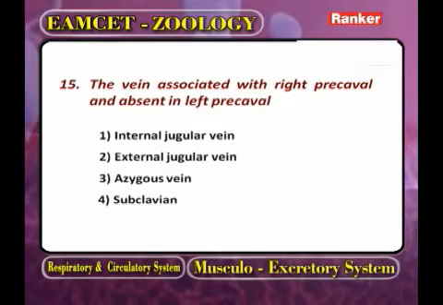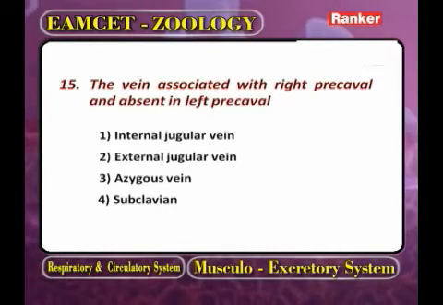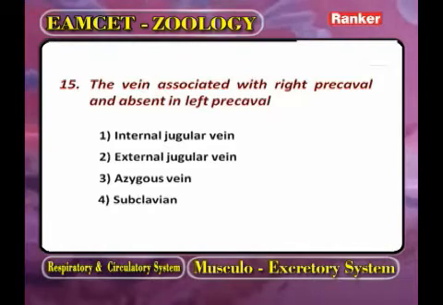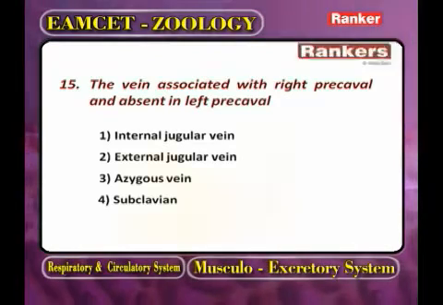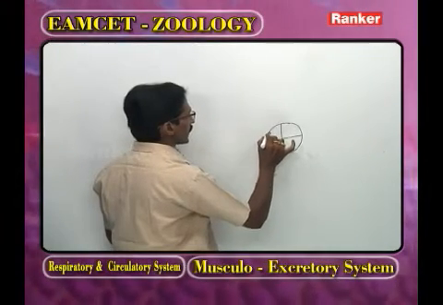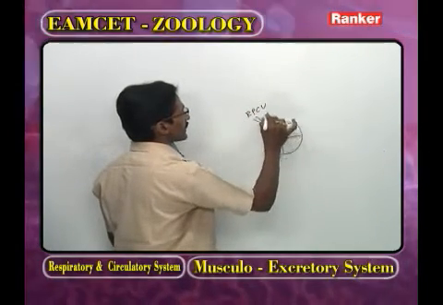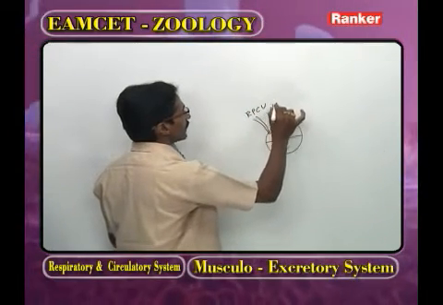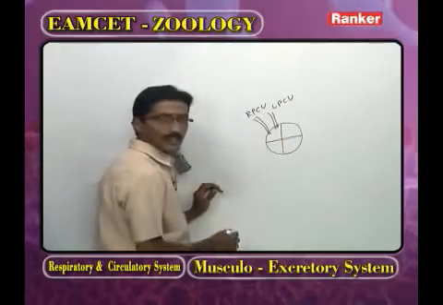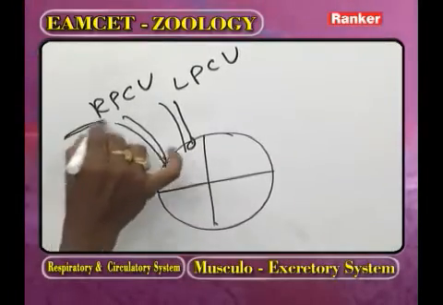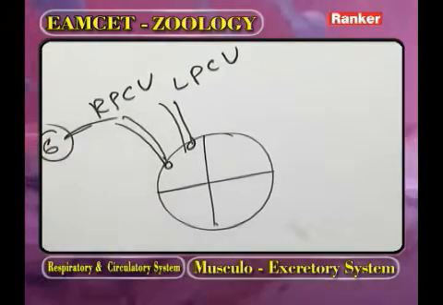Now you observe the question. The vein associated with the right precaval and absent in the left precaval. Now as we observe the venous system, this is the right precaval vein and this is the left precaval vein. The right precaval vein is formed by the fusion of 6 veins.